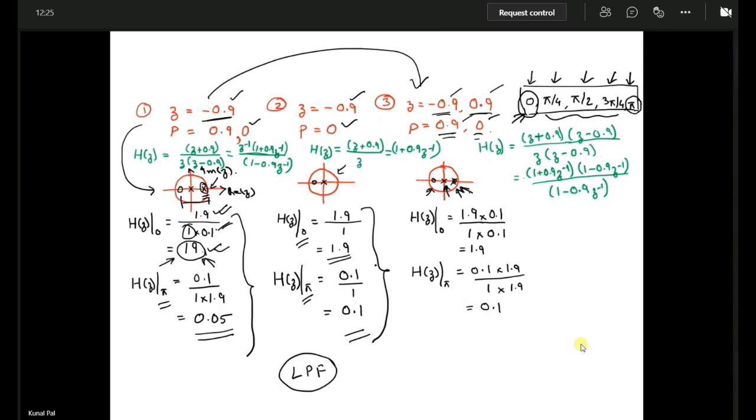Now, if you see the effect at the highest frequency, where the pole should have the minimal effect, since we have placed an extra pole over here, even then the amplitude response at the highest frequency is also lower than in the second case.